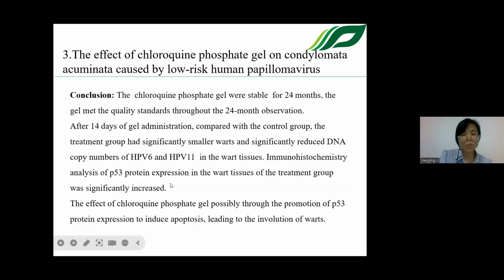So based on the results of the experiment, we get that so far the CQ gel was stable for 24 months, and it can reduce the weight and the DNA contained in the CA tissue. But the CQ gel was irritating to the skin to a certain degree.